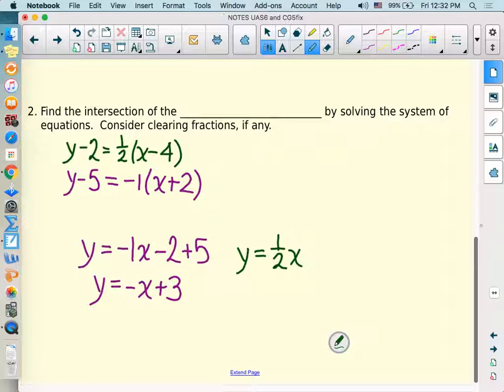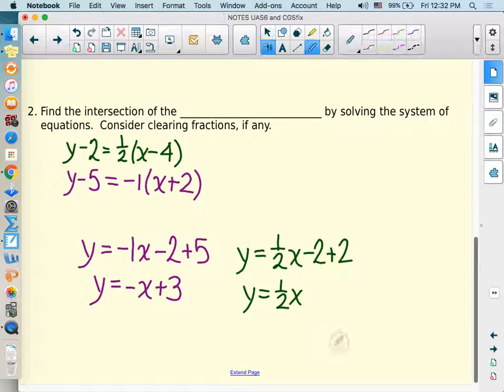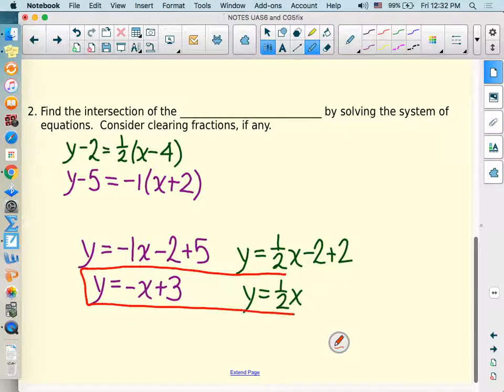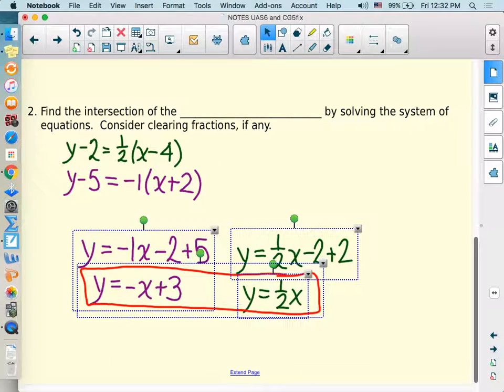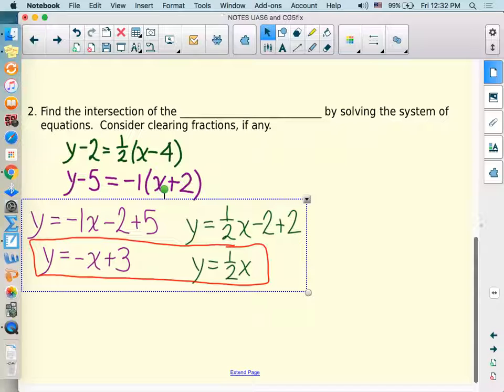So I have y equals 1/2 x minus 2, bring the other 2 over. And so the system I'm going to choose to solve looks like that. And when I look at that, that screams substitution to me. You could also do that by elimination, so go back to your good system solving skills.